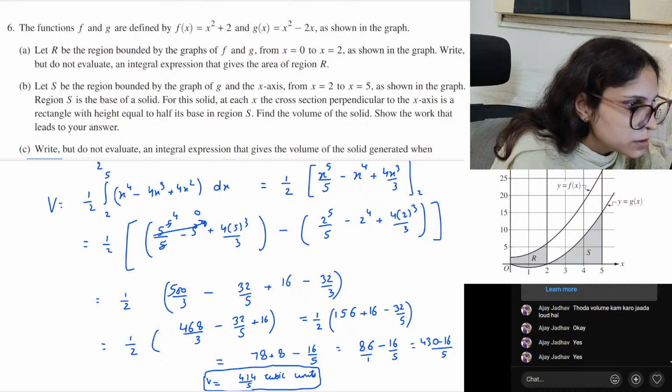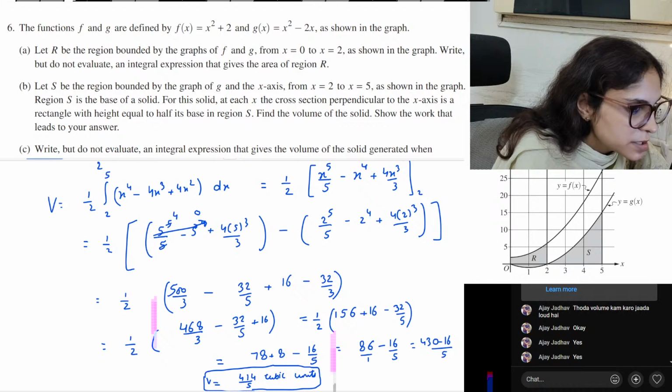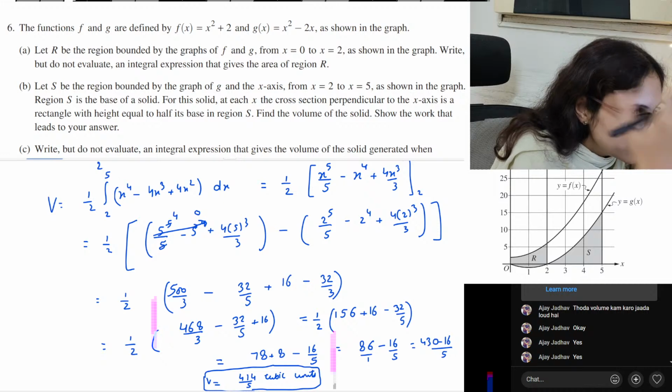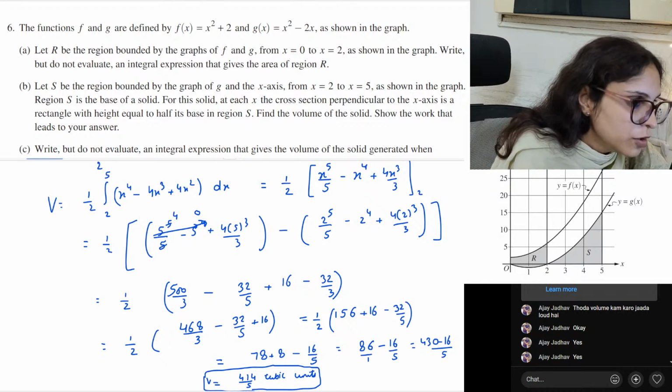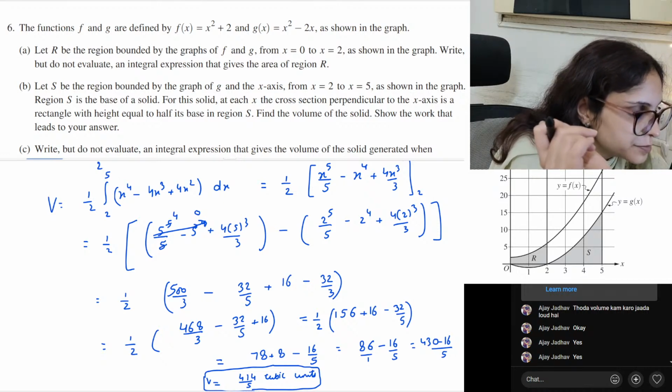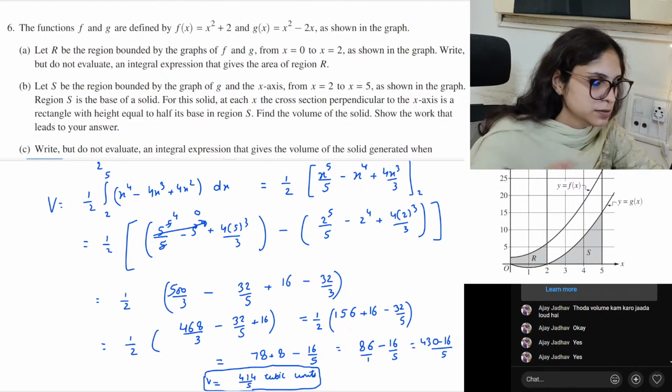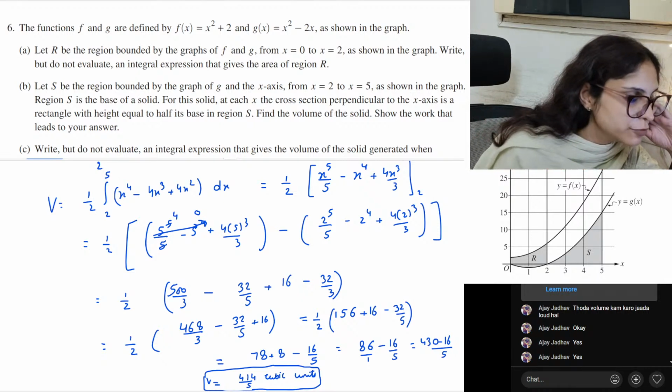Now I'm dividing all the numbers by 2. 78 plus 8 minus 16 over 5. 86 minus 16 over 5. 430 minus 16 over 5. 414 over 5. So that is it. This is our answer, 414 over 5 cubic units for part B.